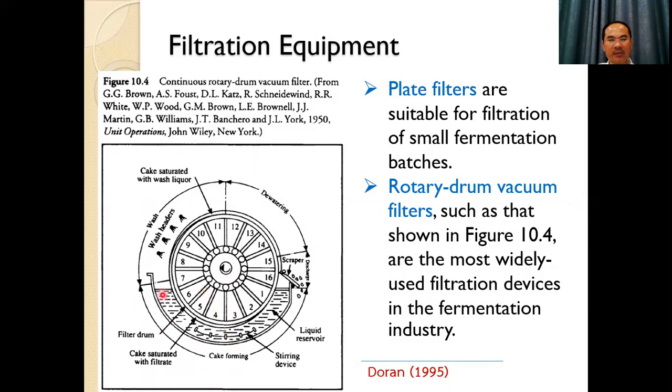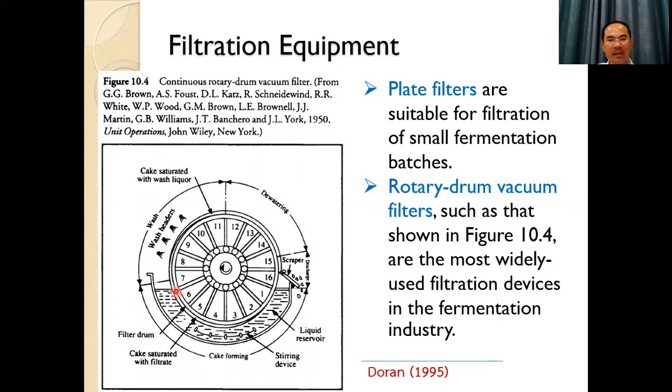Then the equipment rotates continuously. If it rotates to this position, the liquid can pass through the filter and get filtered, and the solid will deposit on the surface of the filter cloth.